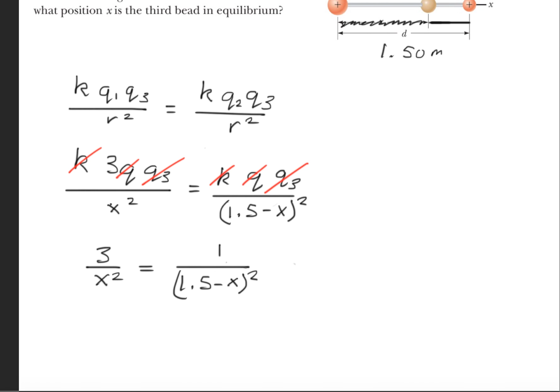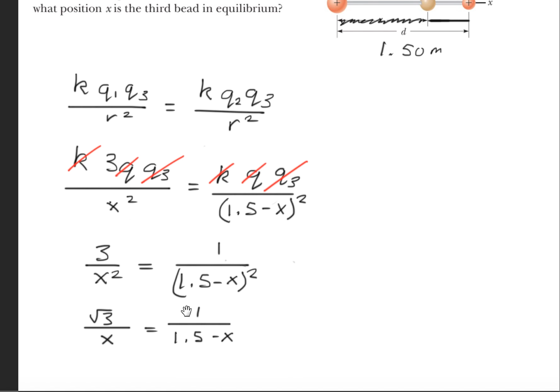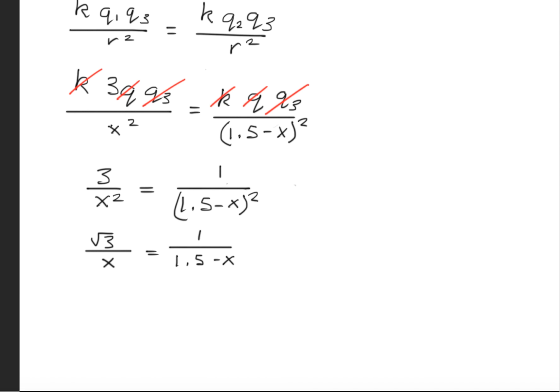What we can do now is take the square root of both sides. So we'll get the square root of 3 divided by X equals the square root of 1, which is 1, divided by 1.5 minus X. Let's go ahead and cross multiply.